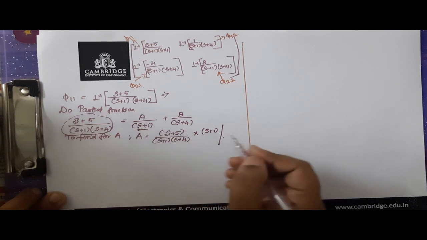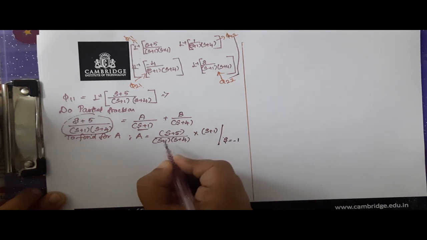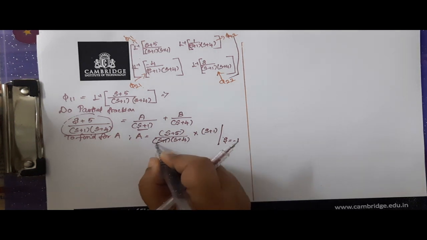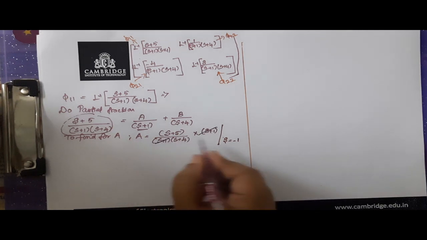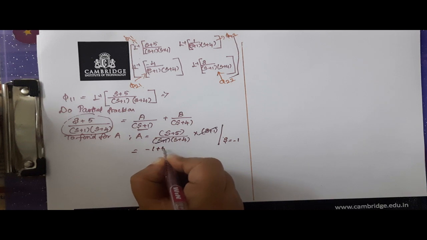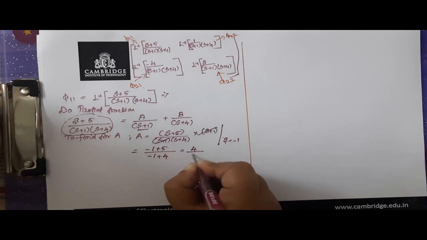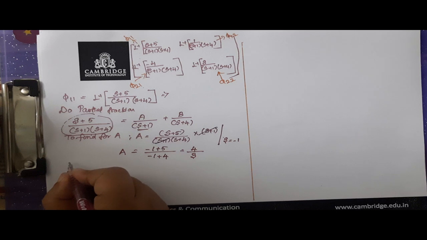So S will be equal to minus 1. So at S is equal to minus 1, S plus 1 and S plus 1 will get cancelled out. And let us substitute for S as minus 1. So minus 1 plus 5 divided by minus 1 plus 4 is given by 4 divided by 3. Hence A will be equal to 4 by 3.